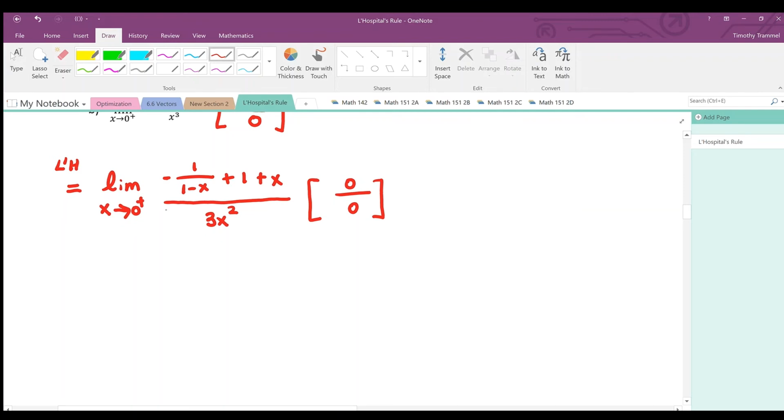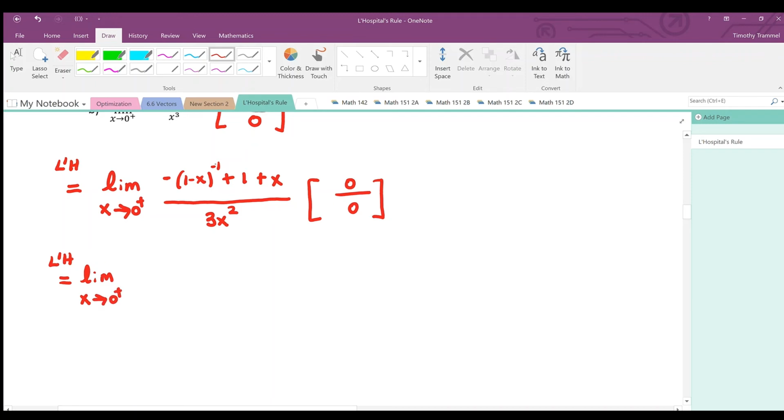So we're going to apply L'Hopital's rule again. But before we do that, let me rewrite this a little bit. How about -1 minus x to the -1? It'll be easier to differentiate if it looks like that. So this is equal to the limit as x approaches 0 from the right.